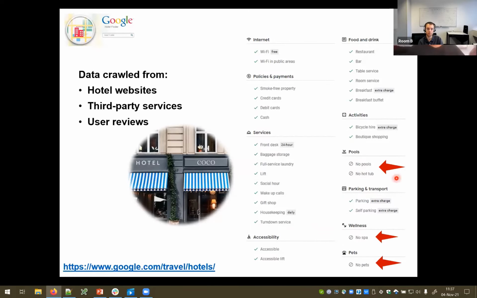And in this case, the Google hotel search is telling you that this hotel does not have a pool, it doesn't allow pets, it doesn't have a spa, etc. And these sorts of negations are usually retrieved from the websites of the hotels themselves, or from third-party services like Booking.com, or from user reviews. And then you can try it for yourself.